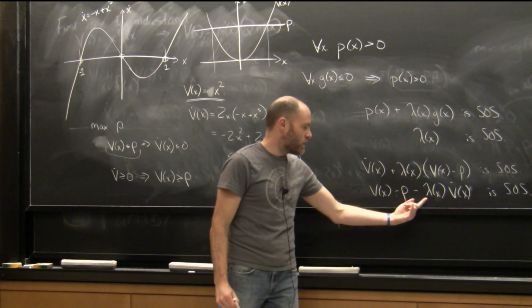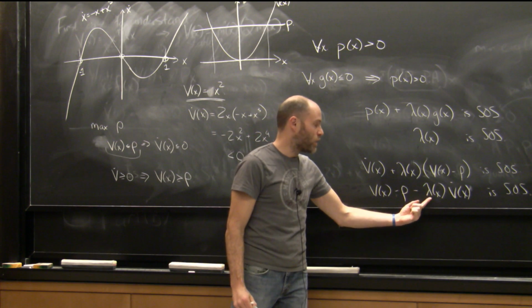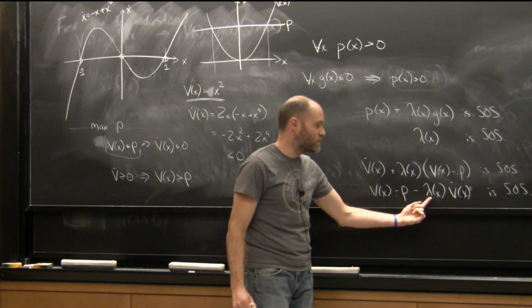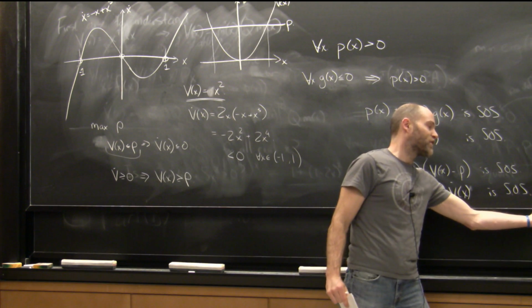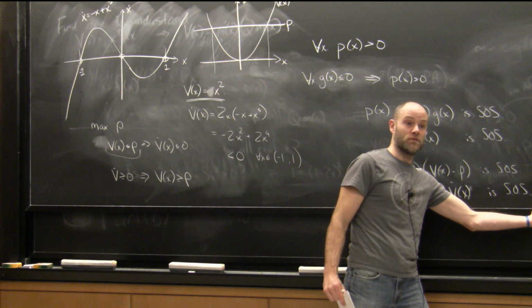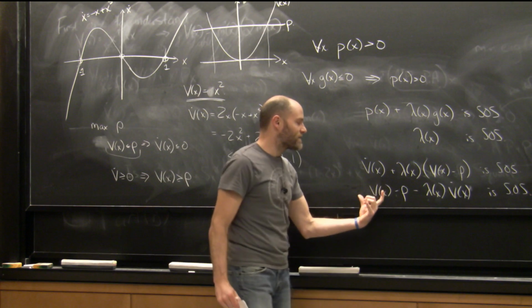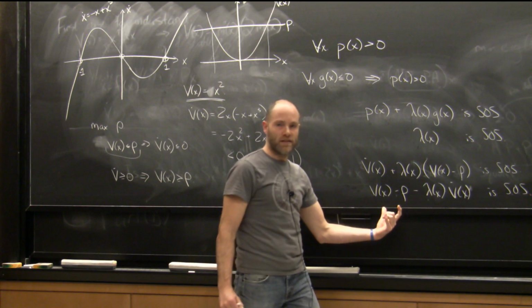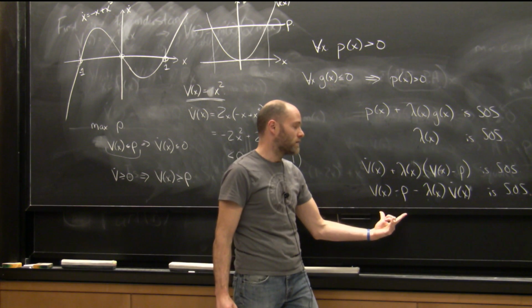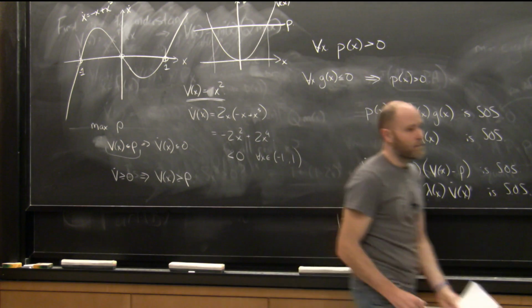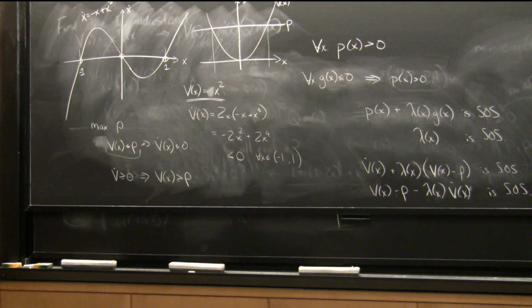It has to find rho, it has to find the coefficients of this Lagrange multiplier, and it actually even has to find the Q matrix that's hiding in the sums of squares proof. But as long as they all come in linearly, that's all good. SDP can handle that. Okay? And it does.